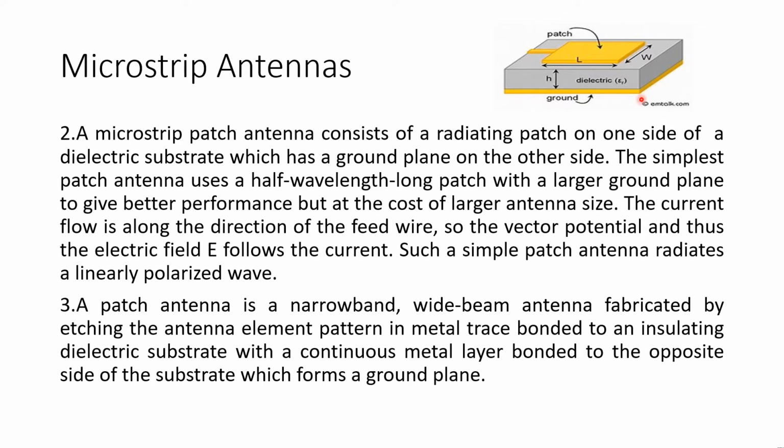Usually this substrate will support tightly bound surface wave modes, which represent a loss mechanism in the antenna. The loss due to surface wave modes increases with the substrate thickness. So it is desirable to develop microstrip antennas which enjoy wide bandwidth yet do not suffer any losses.